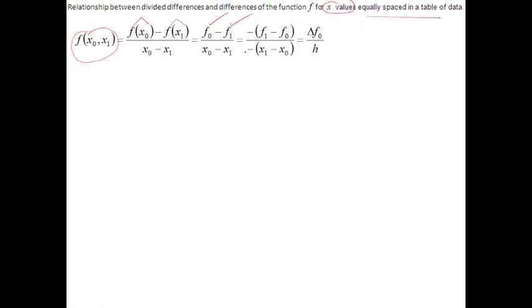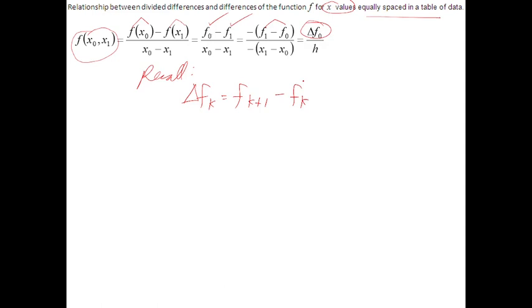We factor out the negative sign, so x sub 0 minus x sub 1 becomes negative quantity x sub 1 minus x sub 0. And then what is f1 minus f0? That is simply delta f0, right? Recall that delta f sub k is f sub k plus 1 minus f sub k.